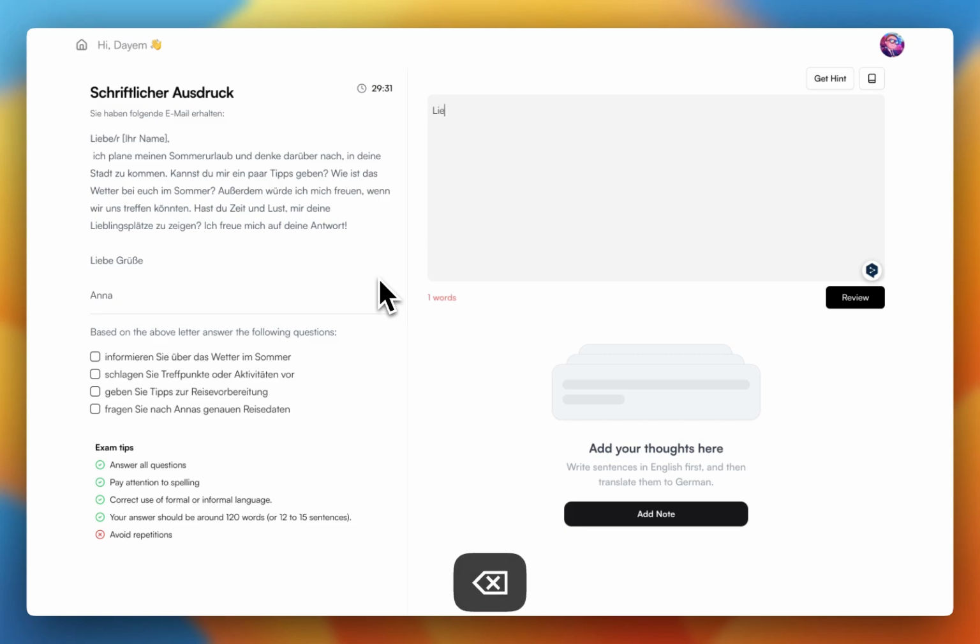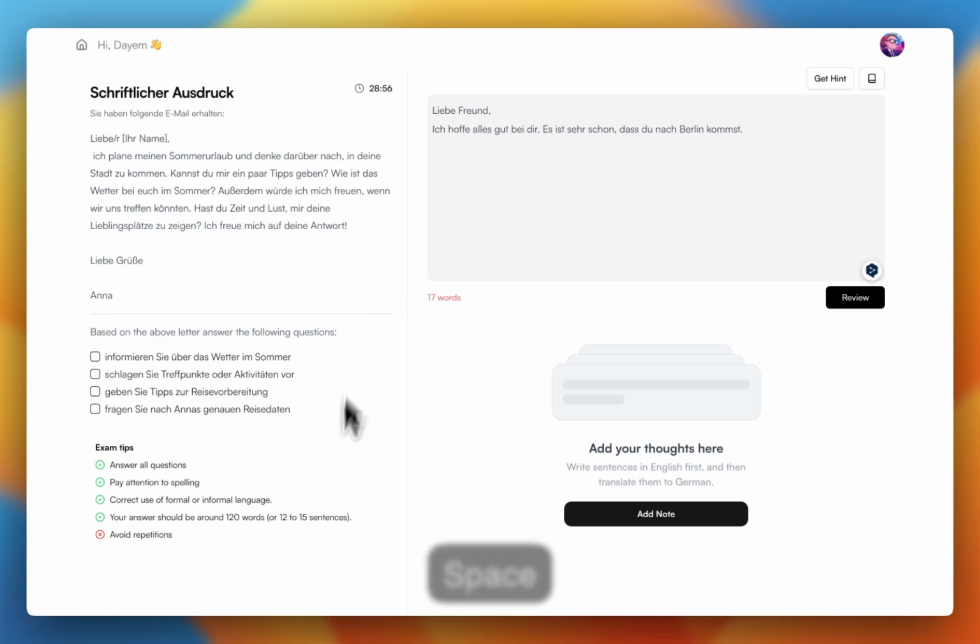So I can write, okay, lieber Freund, and then I can write a bunch of other stuff. For example, I can say ich hoffe alles gut bei dir, es ist sehr schön, dass du nach Berlin kommst, which means it is very nice that you're coming to Berlin.